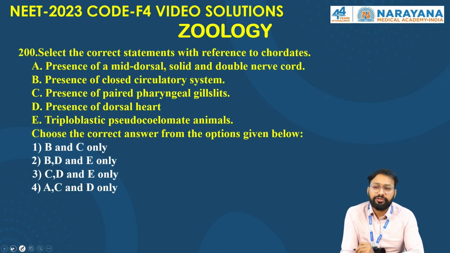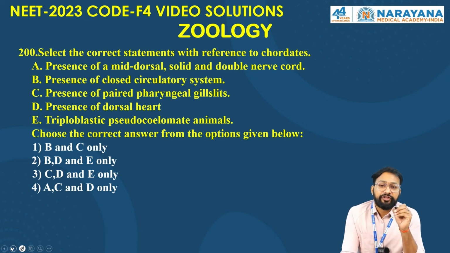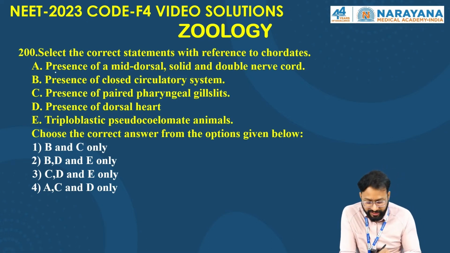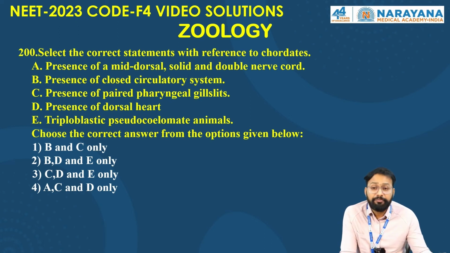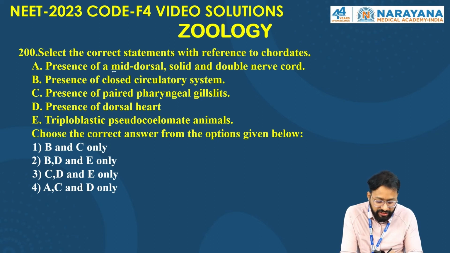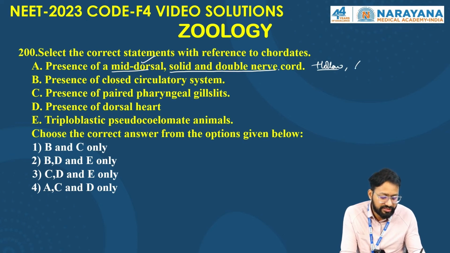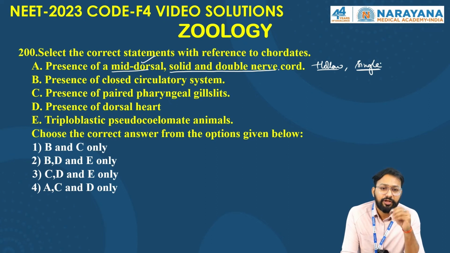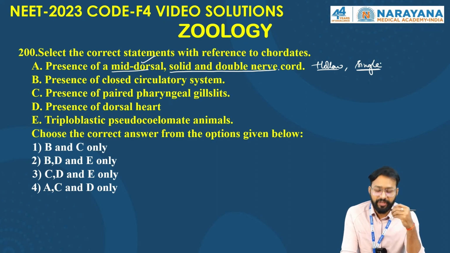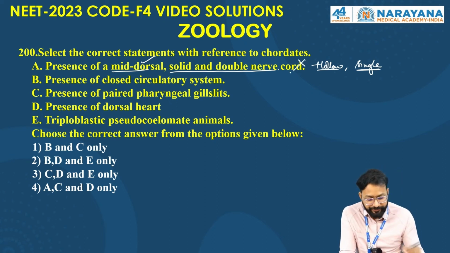The last question, question number 200. Select the correct statements with reference to chordates. A. Presence of a mid-dorsal solid and double nerve cord. Mid-dorsal is okay, but solid and double? No, hollow and single. In chordates, there is a single, dorsal, hollow nerve cord, so this is incorrect.